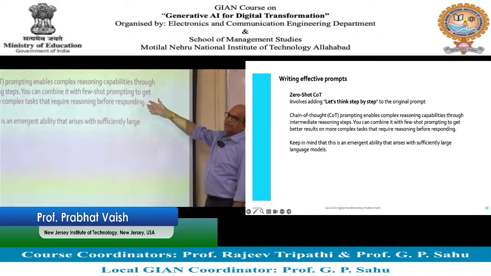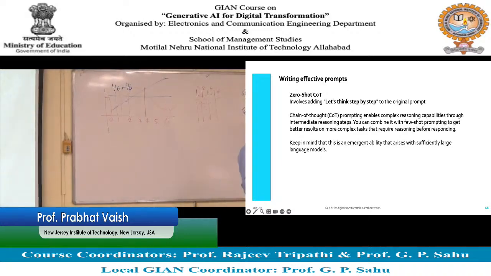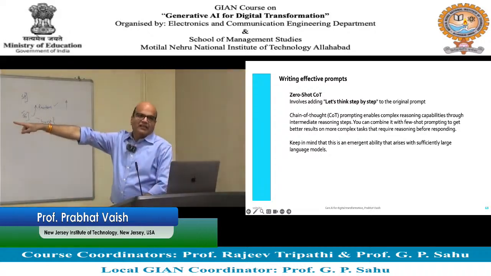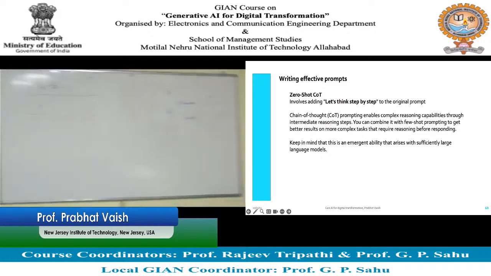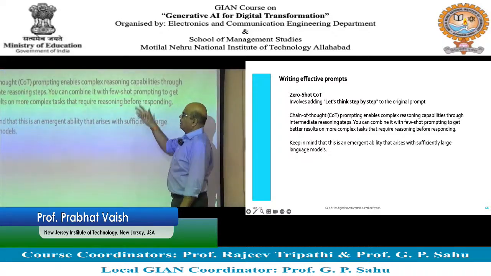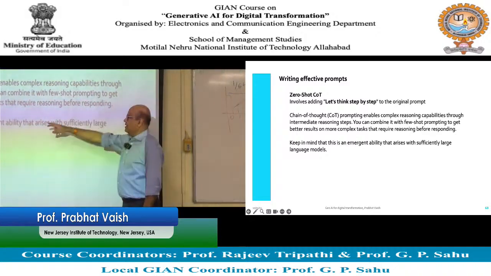It just basically starts thinking in terms of that this is possible, right? This is the emergent ability. Now, one of the things, the emergent ability basically means that no one told the model that the moment we say step by step, you've got to reason. That reasoning was not necessarily specifically told to the model, but it figured it out. It's coming from, as I said, latent space, and this is the emergent ability.